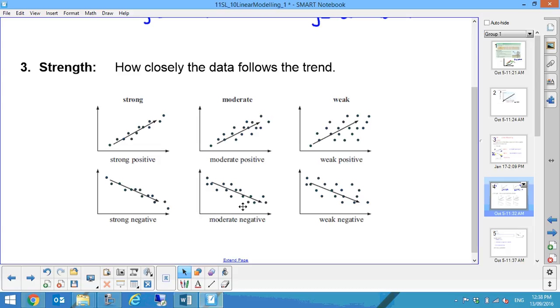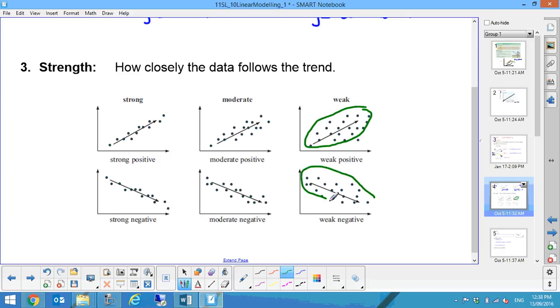And in the last two, they're both weak, but you can see the difference between positive and negative. The positive one, the points are roughly following that line, whereas down here the points are roughly following a negative slope. When you draw a line around it like that, it's a bit easier to see.